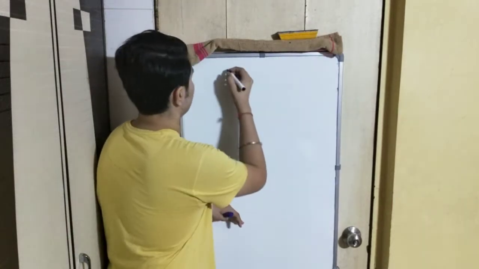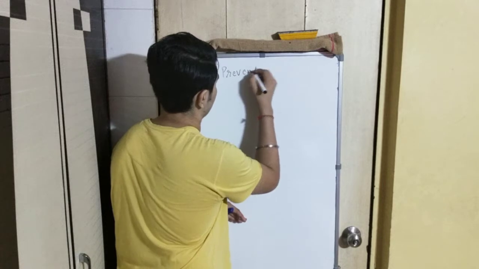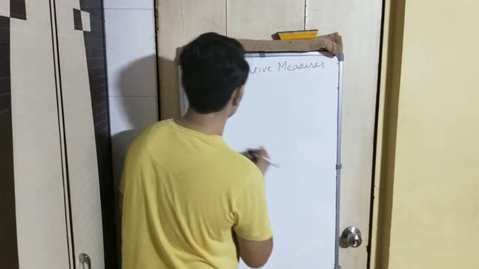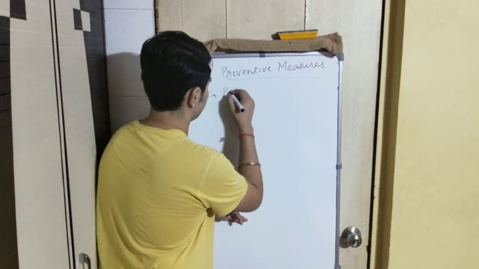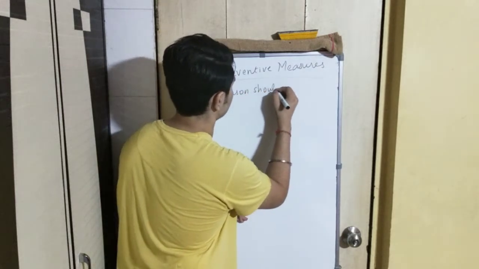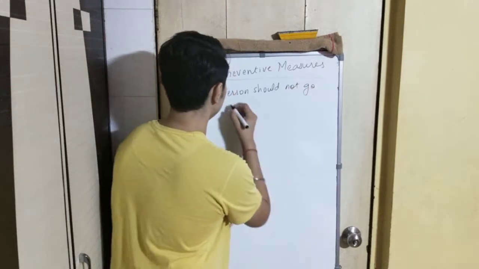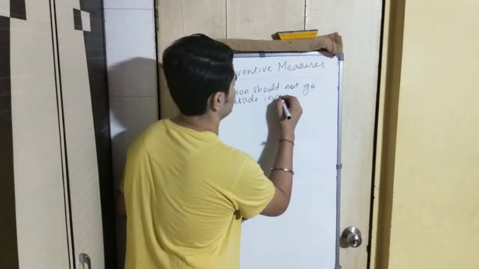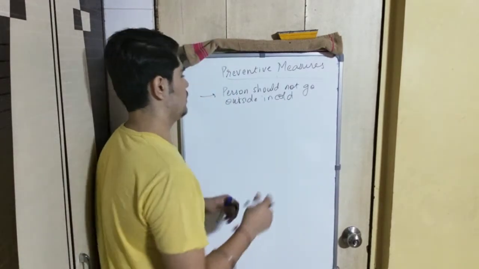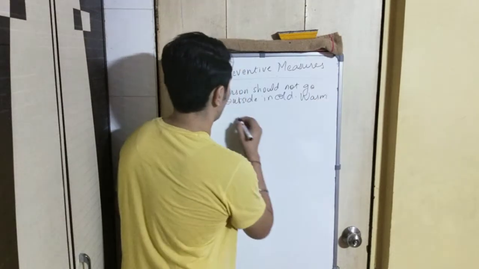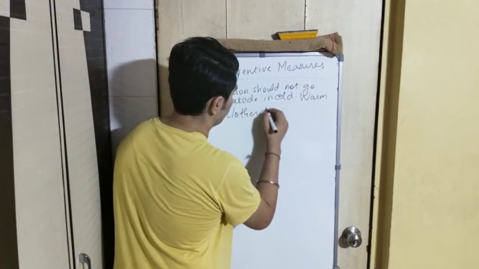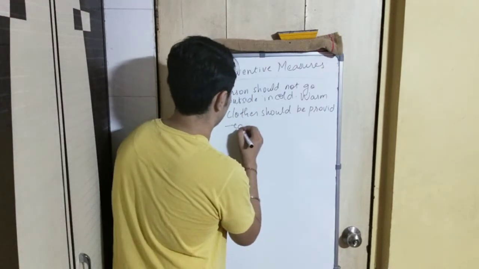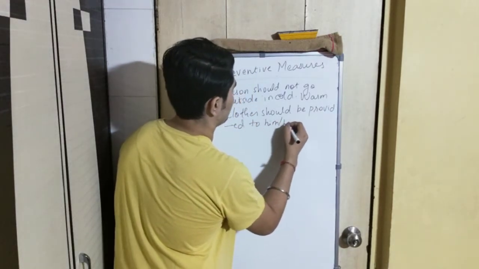Now there are some preventive and treatment measures. So the first is the person should not go outside in cold, and warm clothes should be provided to him or her.